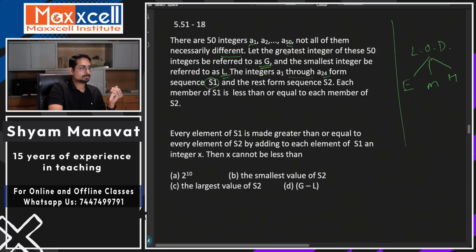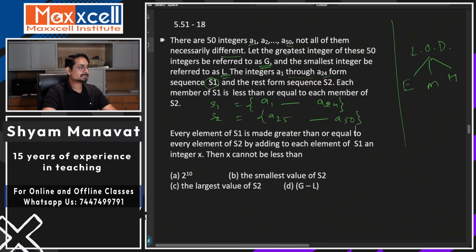So in S1 you have a1 till a24, and the rest of them are in S2. So in S2 you have a25 till a50. Great.